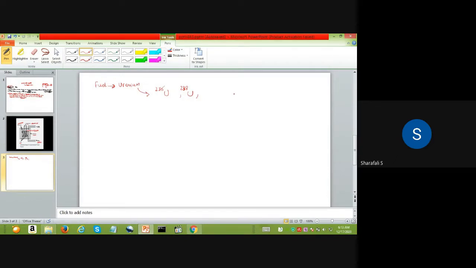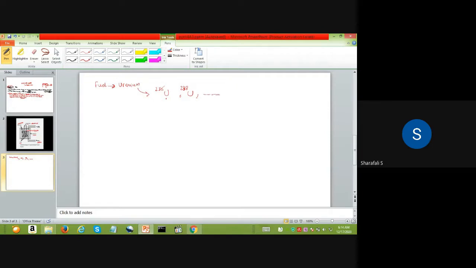Apart from uranium 238, we can have uranium 235 or 233, and so on. So there are other uranium isotopes, different mass numbers. Uranium 235 and uranium 238 are what we use mostly for the nuclear fission process.